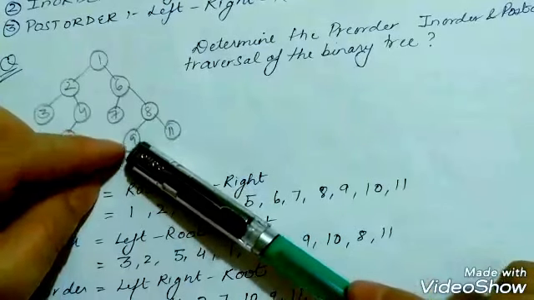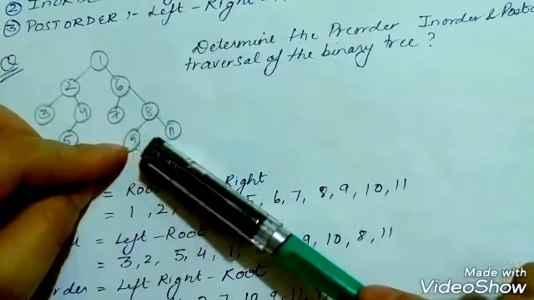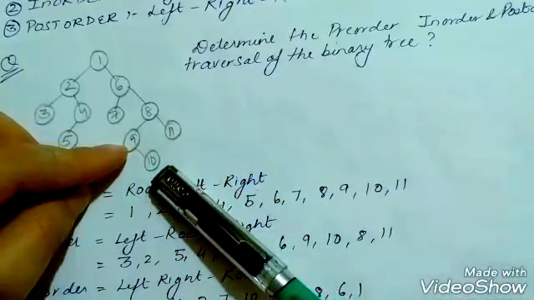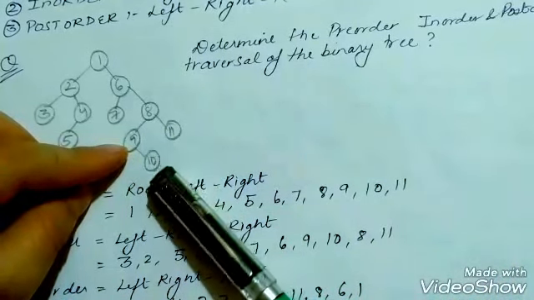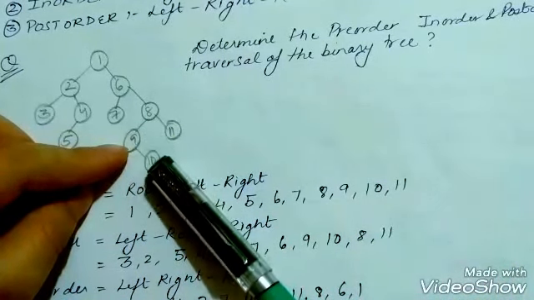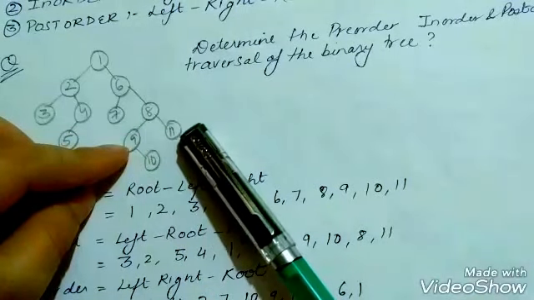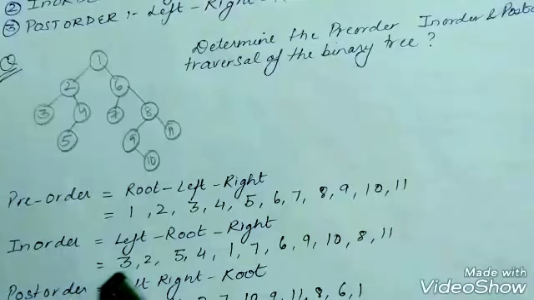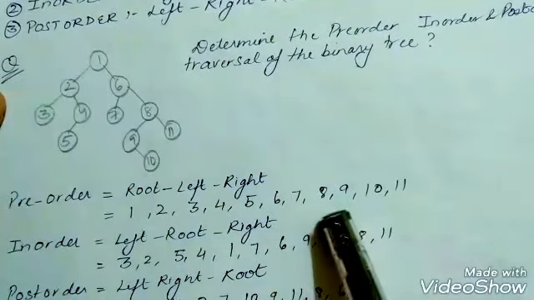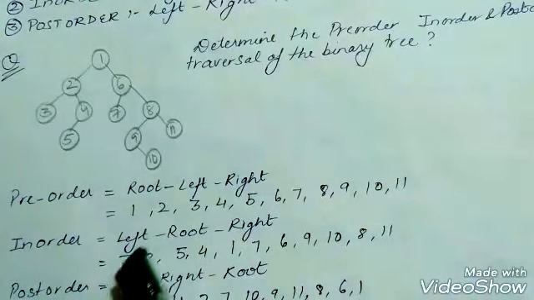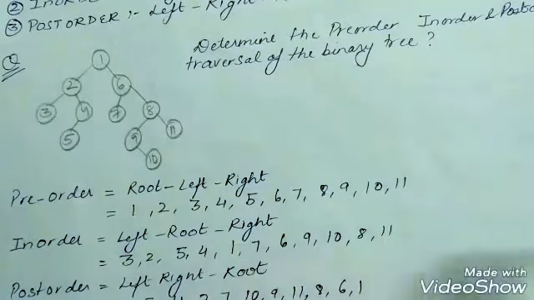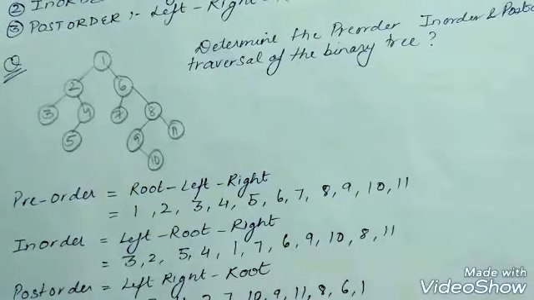So we will take 9, and 9 is the root for 10, which is at the right position. So we take 9 and then 10, and after that we move back, we take the root 8 and then 11. If you are not able to understand this, just try placing left, root and right at these nodes, and you will get to know how we are doing this.